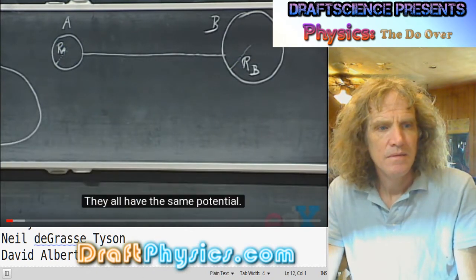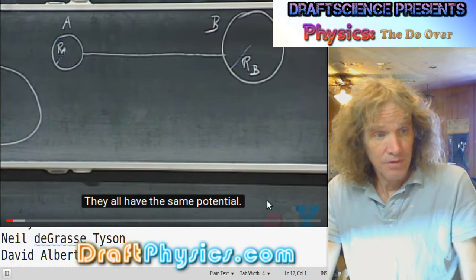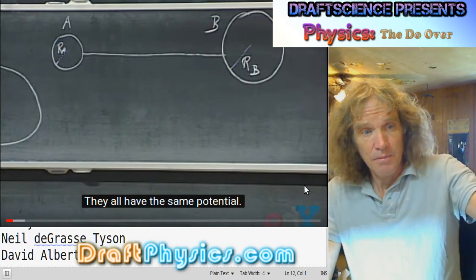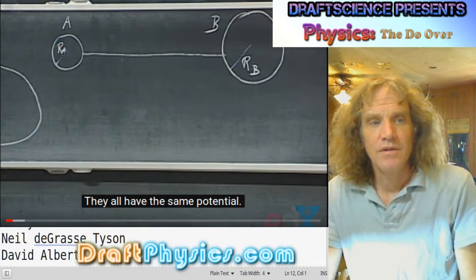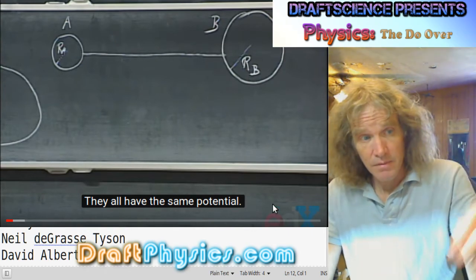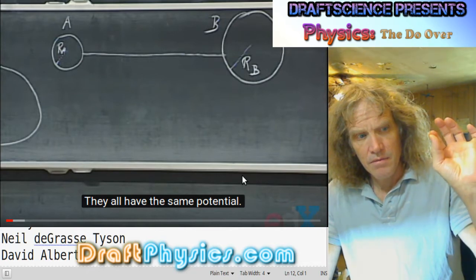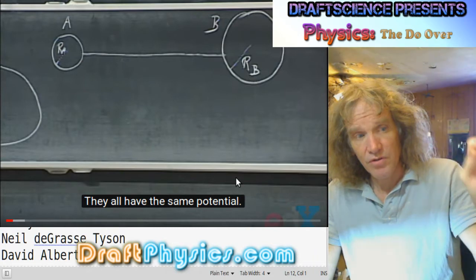They all have the same potential, which means the charge attempts to distribute itself equally on both surfaces. So clearly the big surface is going to have more of the little thingies, but the smaller surface is going to have ones that are closer together.